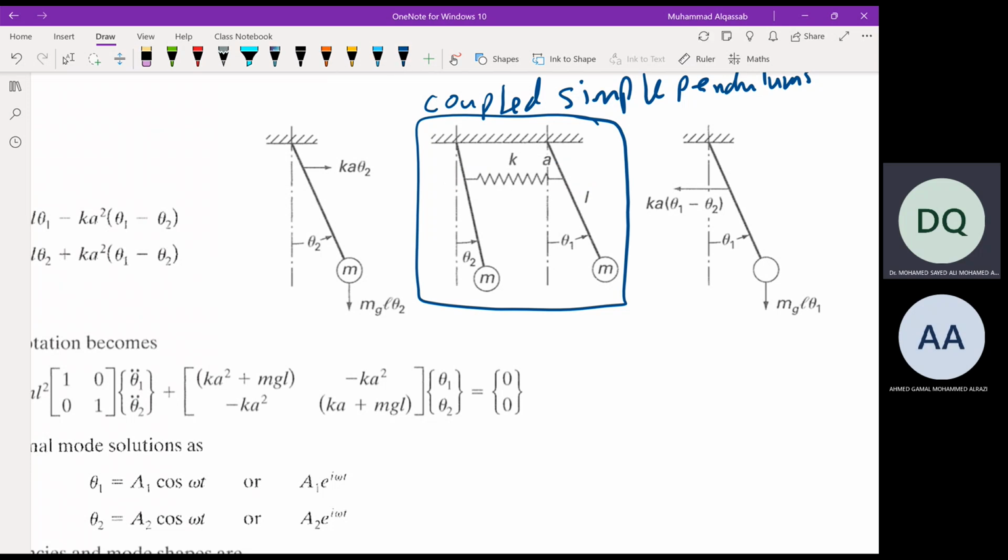The meaning of simple pendulums is that we have a massless rod, the same thing here, a massless rod, and we have bulb masses.